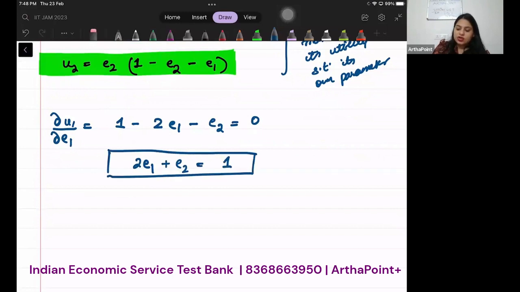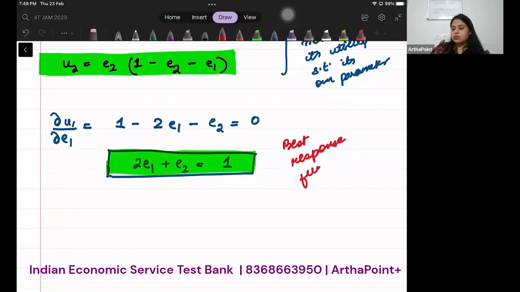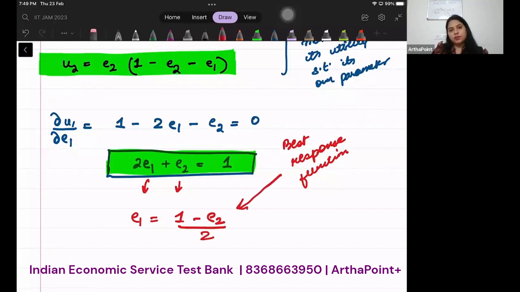This equation is called the best response function. What is a best response function? How do I act in the best way given the effort of the other agent? What is my best effort E1 when E2 is given to me? That is called my best response function.